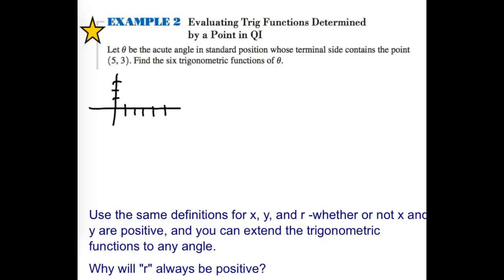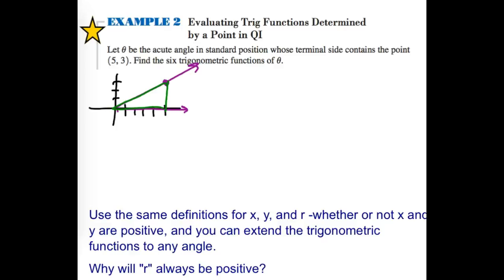All right, so we have a point here at 5, 3, and we know that's on the terminal side of my angle. So I'm going to draw a ray through that point, and I'm going to create a triangle out of this. And we talked the other day, initial side we're going to have on the positive x-axis here, right? And I want to make a triangle out of it, so I'm going to look at it like this.